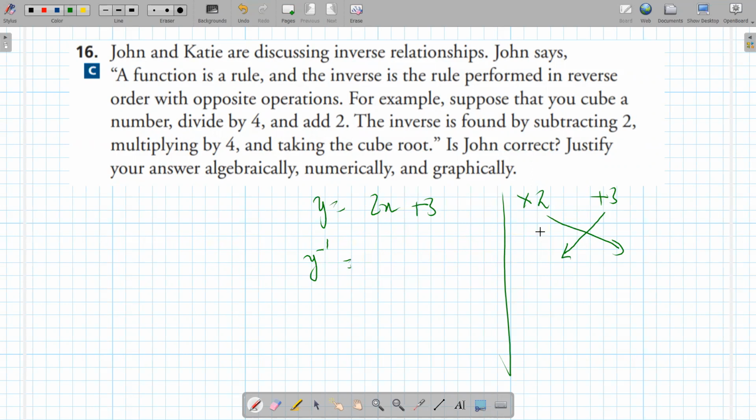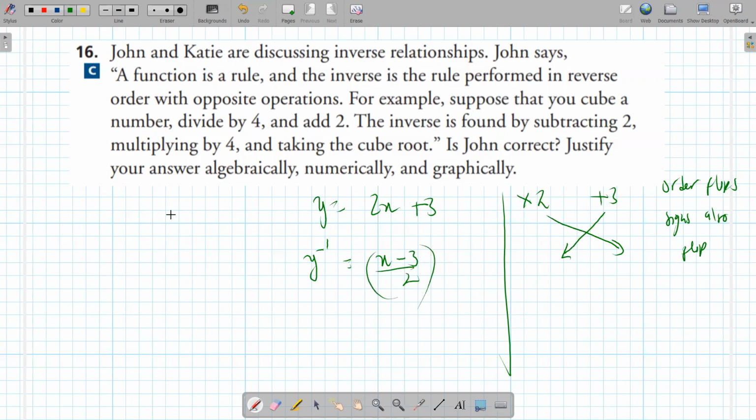Instead of first multiplying by a 2, you have to subtract 3. You do the opposite. The order flips, and the signs also flip. So the inverse of this is going to be x minus 3, and times 2 becomes over 2, and there we go. That's the answer.